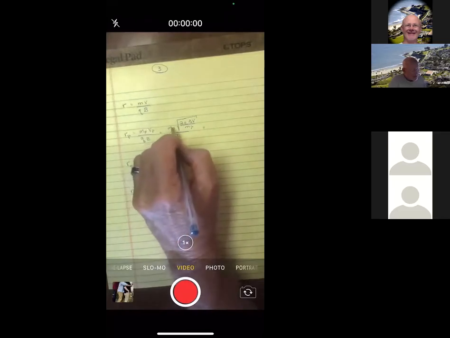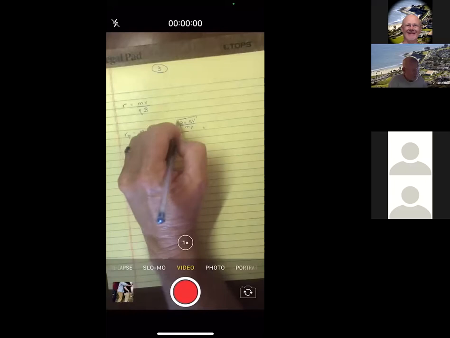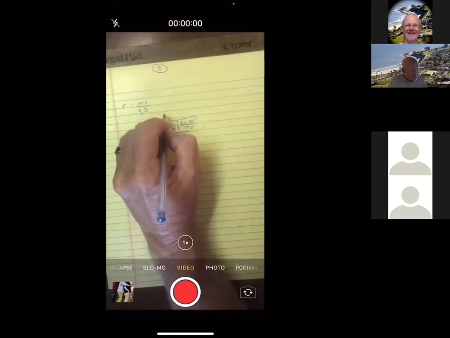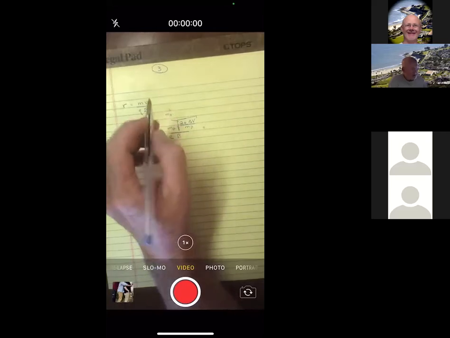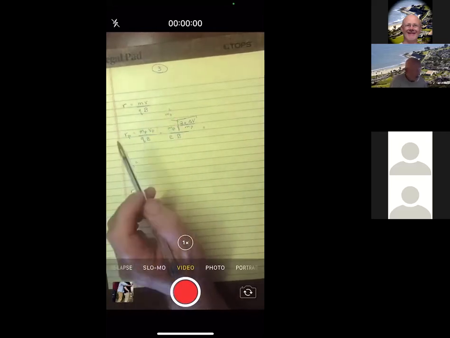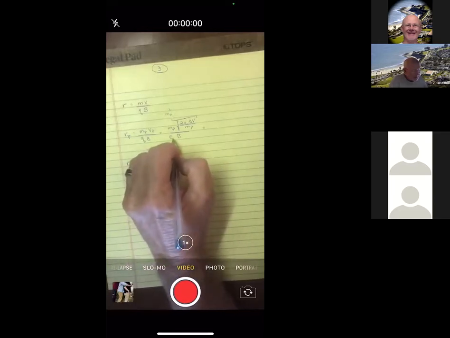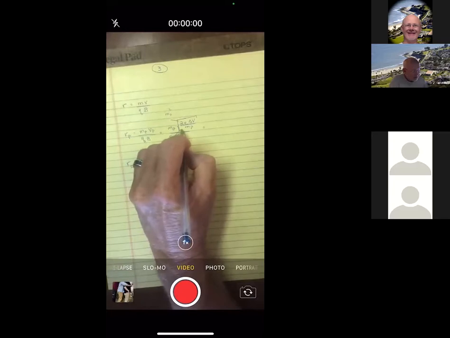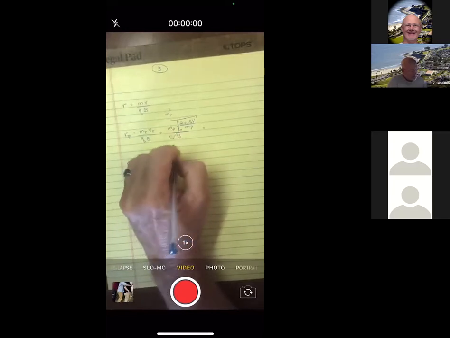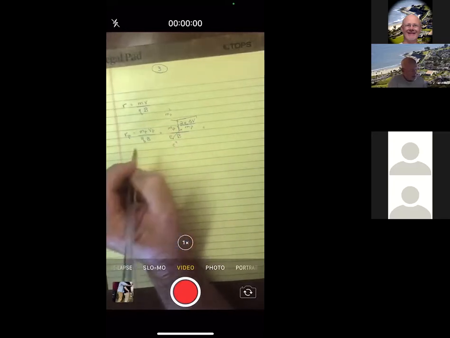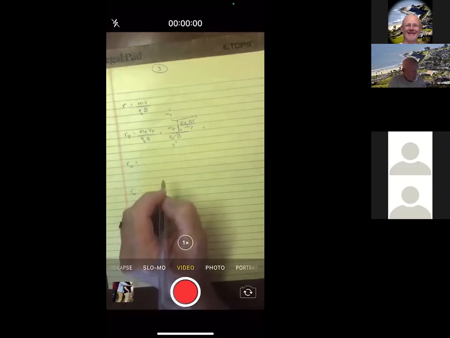So if you imagine putting this mass of the proton inside of the square root, we would have to write it as mass of proton squared to put it inside the square root. And likewise, if you imagine putting the charge E inside the square root, you would have to write it as E squared.